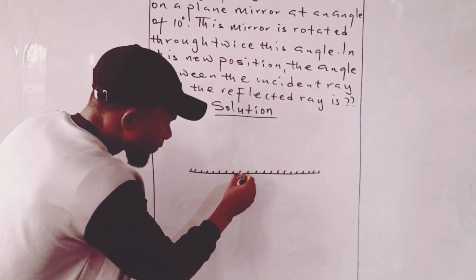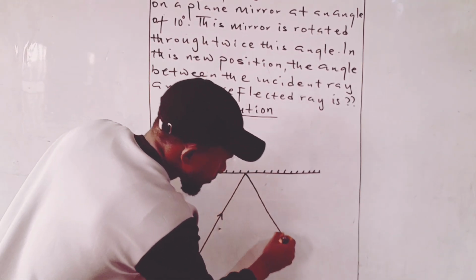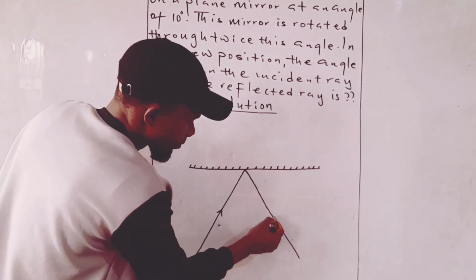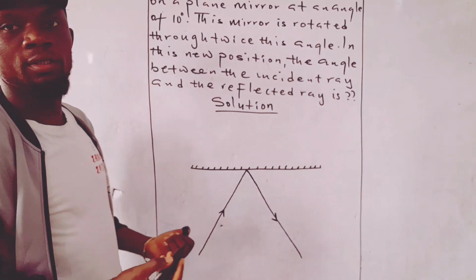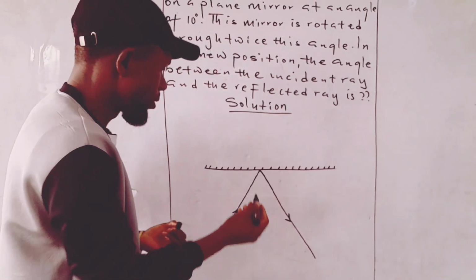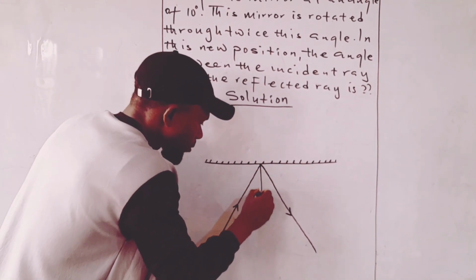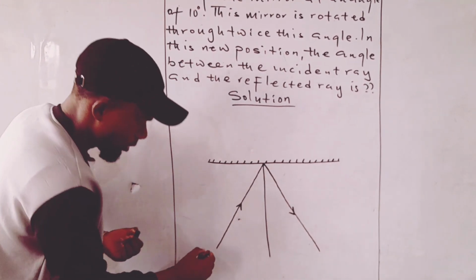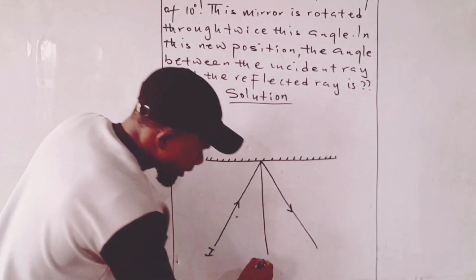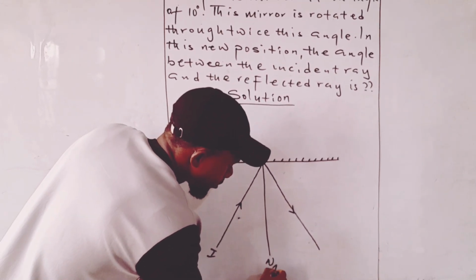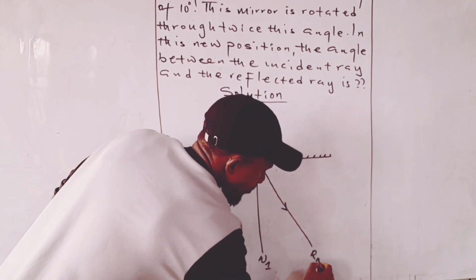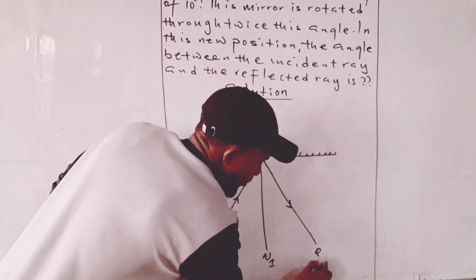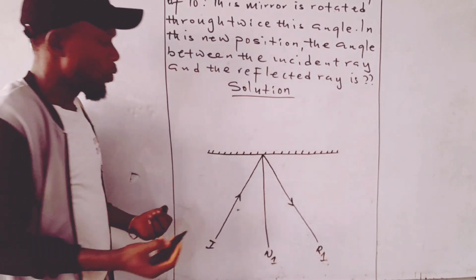It will give me a reflected ray, with the normal. So this is my incident ray, this is my normal, I'll call this N1. This is my reflected ray, this is my R1.